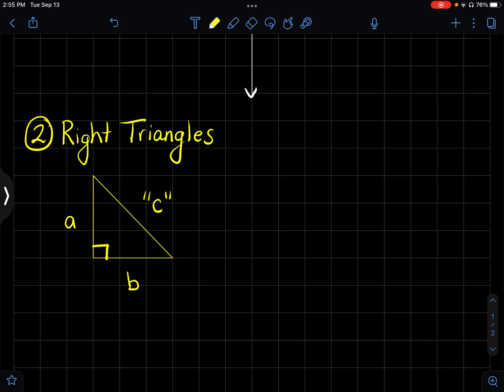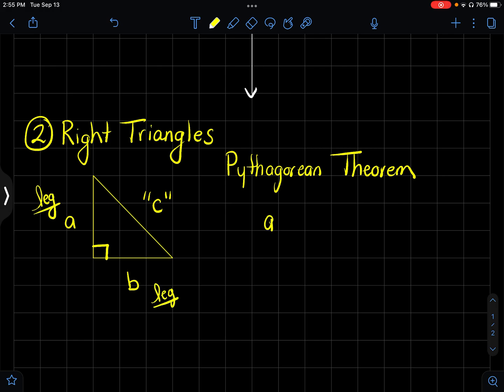The relationship of a right triangle, we can use what's called the Pythagorean theorem. The Pythagorean theorem says the relationship between the 2 legs, so if this is a leg and this is a leg, a squared plus b squared equals c squared.